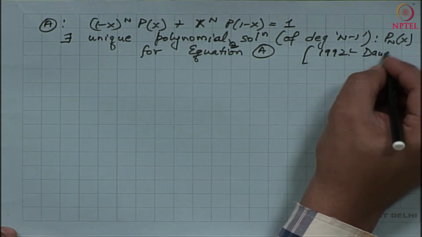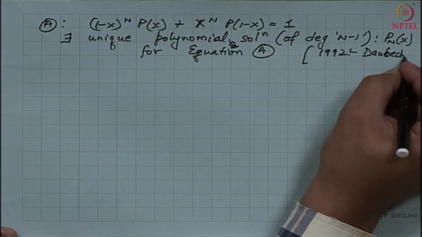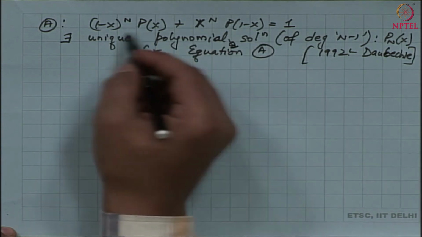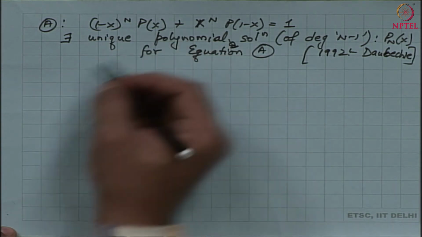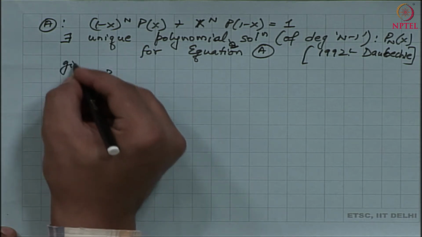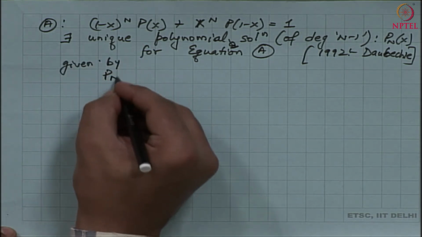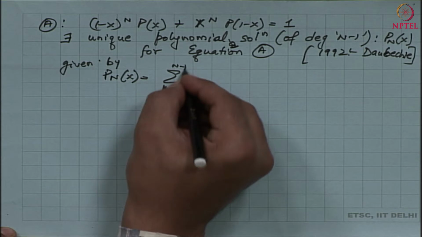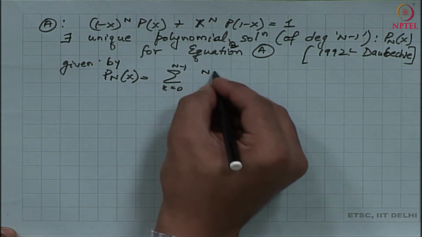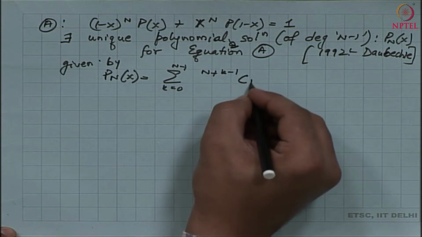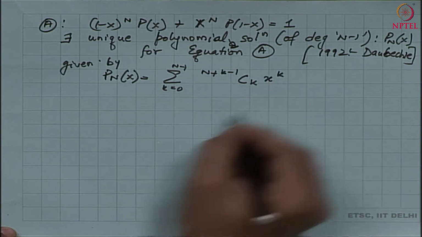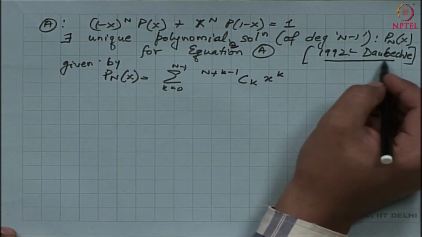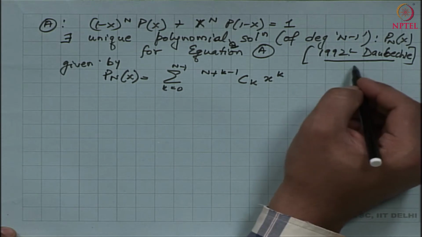Please look at the paper published by Daubechies in 92 to see that a unique solution exists, and this unique solution is given by the following expression, which is summation k from 0 to n minus 1 of (n plus k minus 1 choose k) x to the power k. This result is published in the famous paper by Daubechies herself.